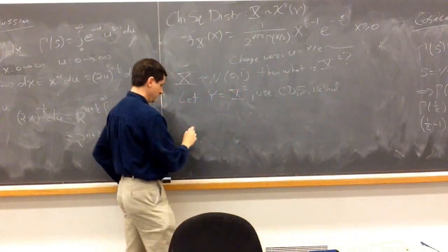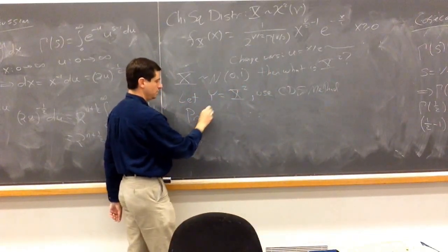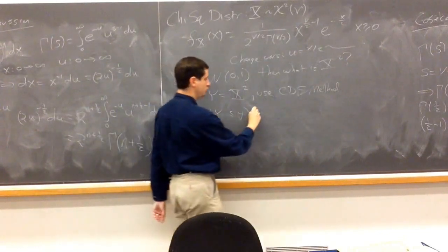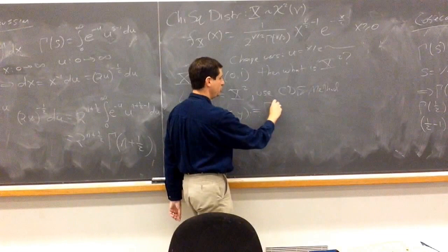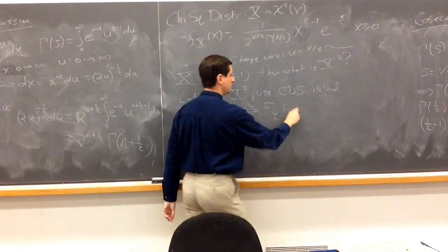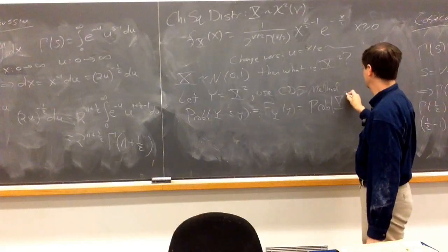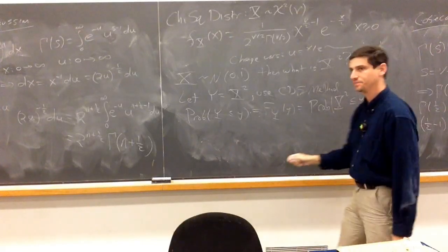So this means the probability that big Y is less than or equal to little y is just going to be the cumulative distribution function of Y at y. This is going to be the probability that x squared is less than or equal to y.